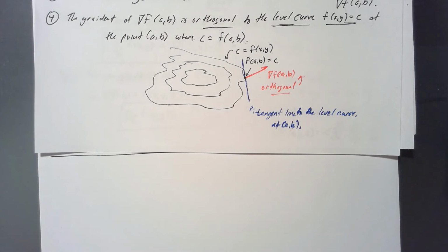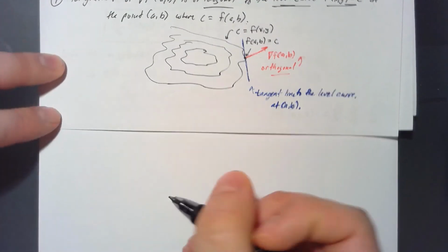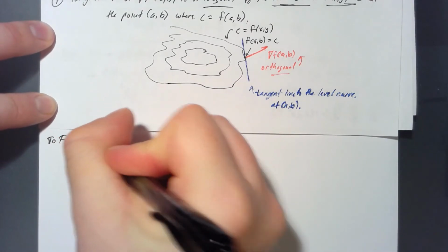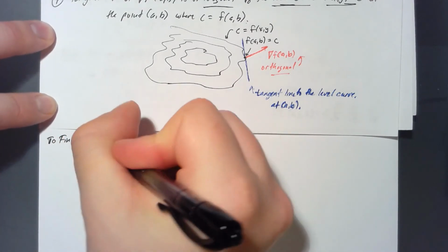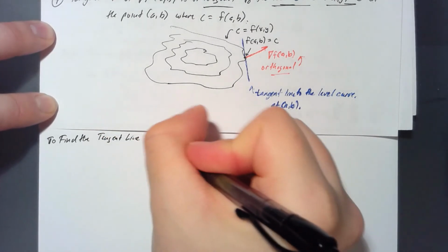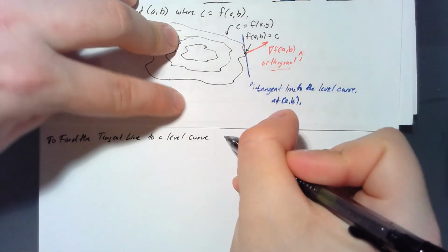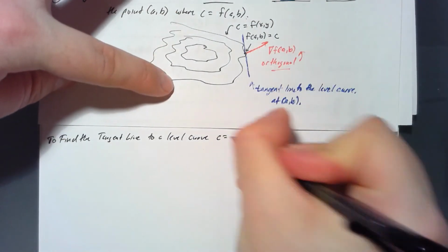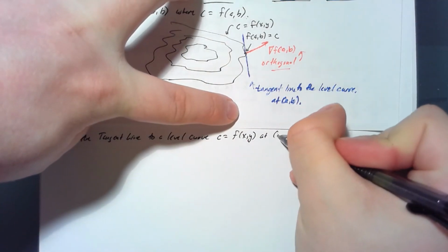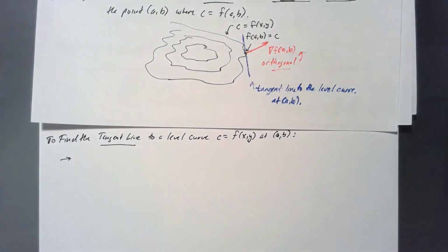If I want to do that, I'll jot that down here. To find the tangent line to a level curve, which we denote as C equals f of xy, at the point AB, here's what we do.